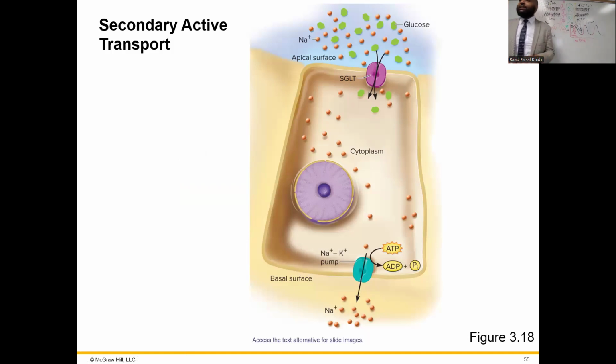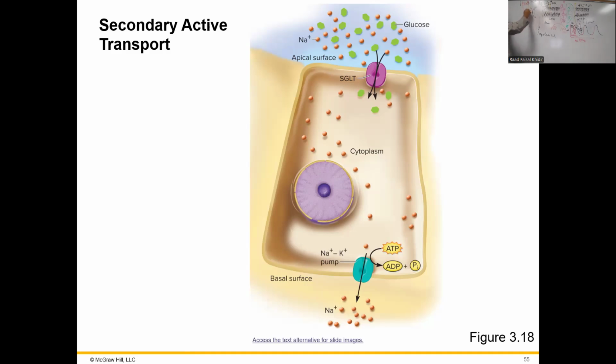So what's happening in the SGLT is that sodium already has a gradient to move down the concentration gradient, okay? So the sodium can already move down. While it's moving down, glucose says, can I come with you?